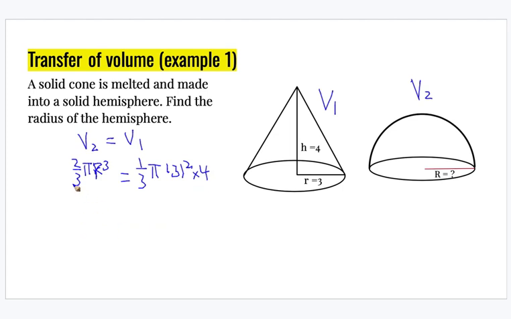Okay. So here we can cancel, and pi is cancelled away as well. So we have r cubed equals 18, and that gives us r is 4.24 cm.